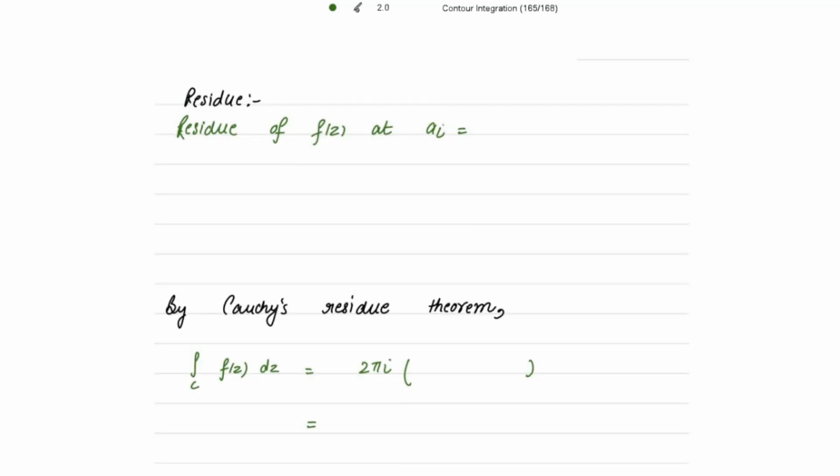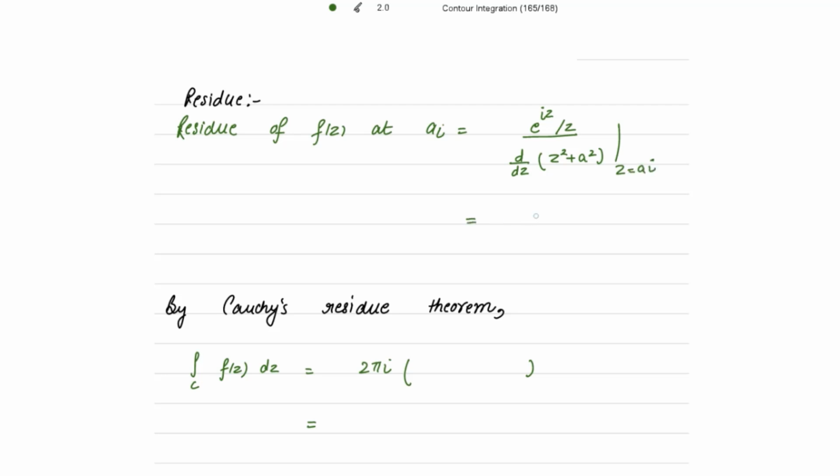So let's find the residue of f(z) at ai. Just like we have found so many residues in the previous videos, same steps we are going to follow. So the residue of f(z) at ai is equal to, just write the numerator as it is, e to the power iota z over z, and then differentiate the denominator with respect to z, z square plus a square, at z equal to a iota.